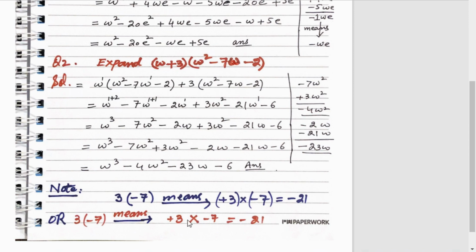The multiplication sign means the whole plus 3 is being multiplied with the whole minus 7. So these signs are with the terms. To avoid confusion, it's better for you to write the term like this. But if you are experienced now, you can write the terms like this: plus multiplied by minus is minus, 7 times 3 is 21.